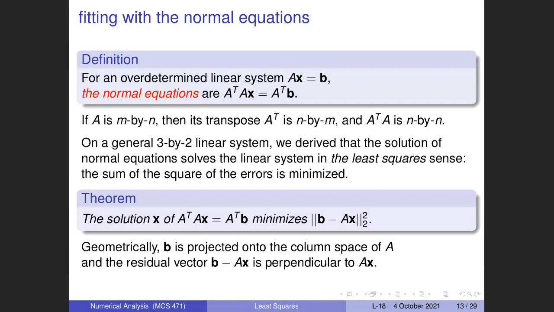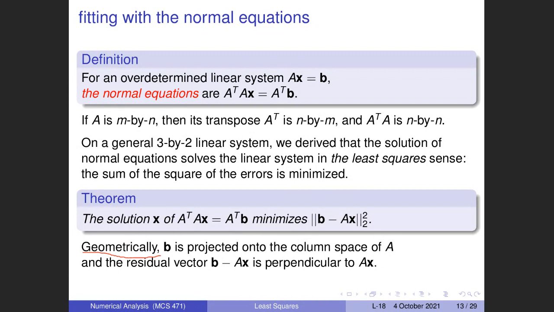Now, when we solved fully determined linear systems, it was nice when everything worked out, we found a number close to machine precision. And here it's not going to be so nice, because sometimes if you compute this number, you may find quite a large number, and that makes us uneasy. Now, the geometric interpretation is important.